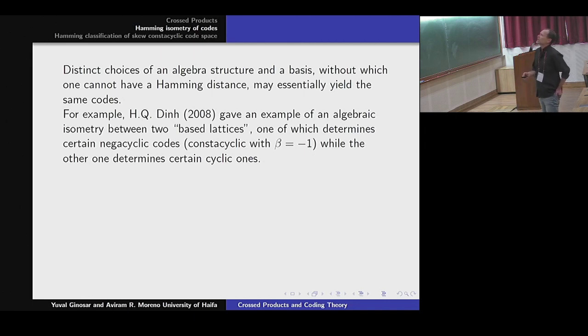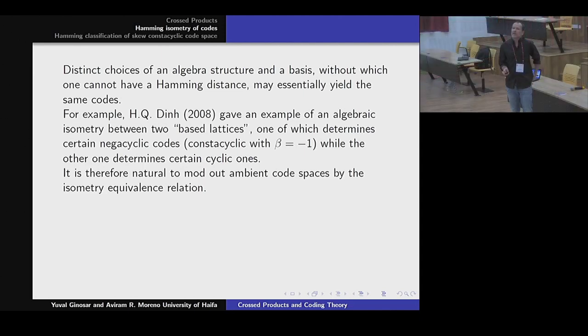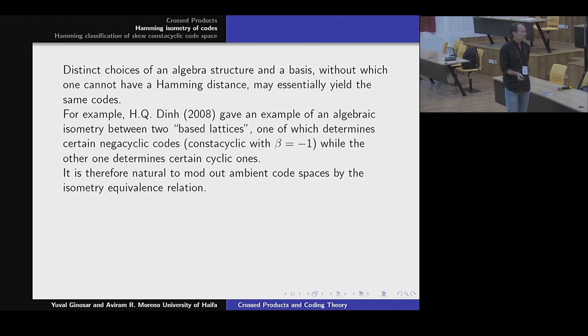He gave an example of an algebraic isometry between two based lattices, one which determines certain negacyclic codes, what they call a constacyclic code where the corresponding beta is -1, while the other determines certain cyclic codes. So sometimes negacyclic codes may be cyclic codes. He just remarked it without any classification. It is therefore natural to mod out ambient code spaces by the isometry equivalence relation.